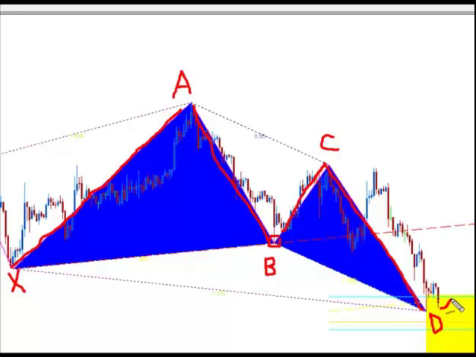So then we would expect price to go up from here. And before I talk to you about A being a target, our first target is going to be our B point, which would be about here. Our second one will be our C point, and our last one is going to be our A point.